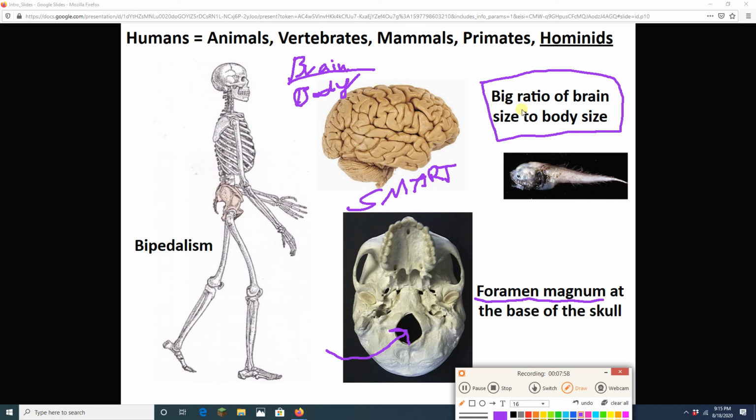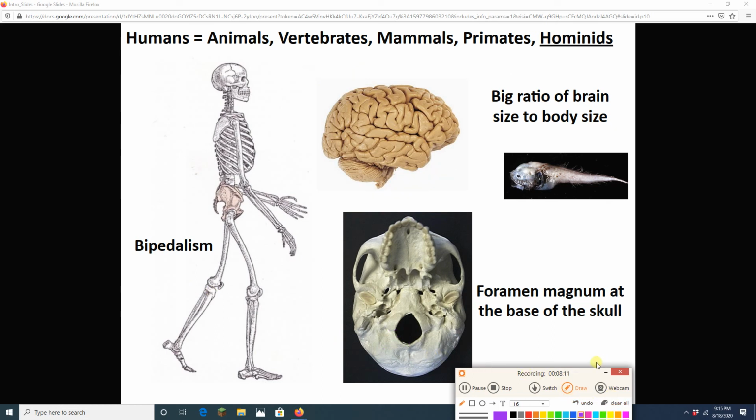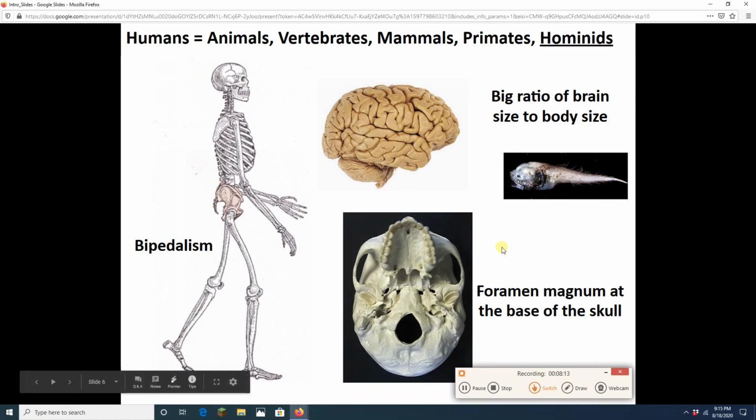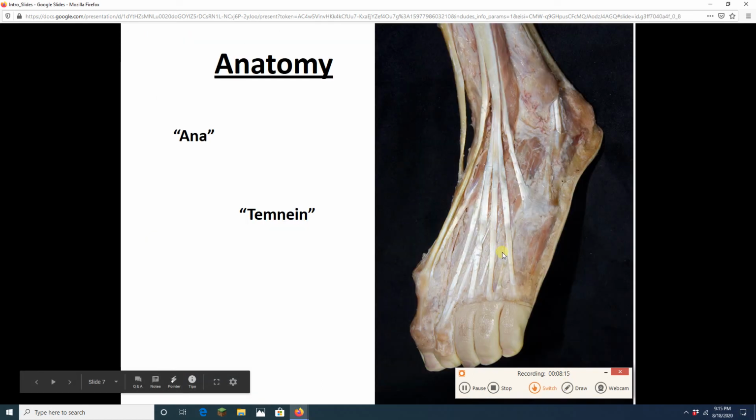All right, this ratio, this position of the big hole, the foramen magnum, and our 2-footed upright stance all contribute to make us hominids.